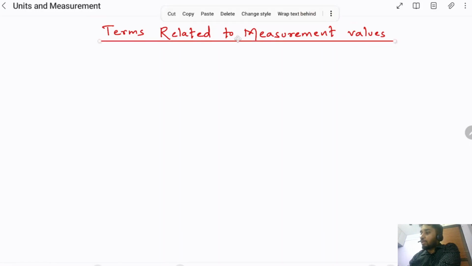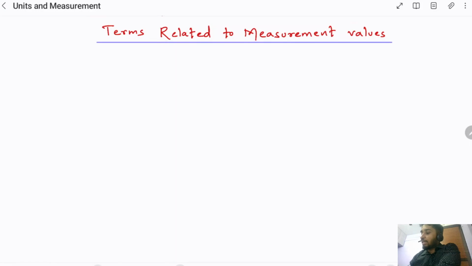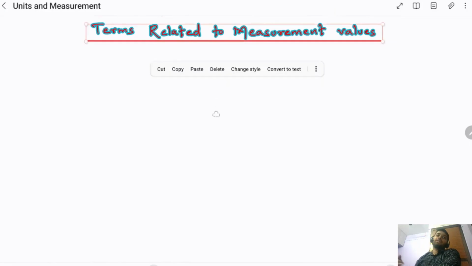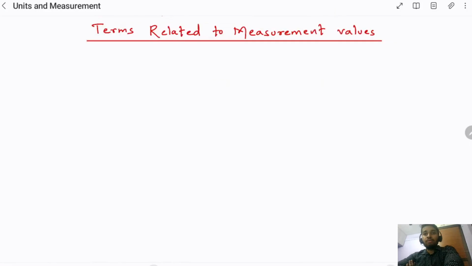Whenever we are conducting any scientific experiment, we do not take the measurement just once. There is a certain procedure, there are certain values we calculate before finally representing our data.